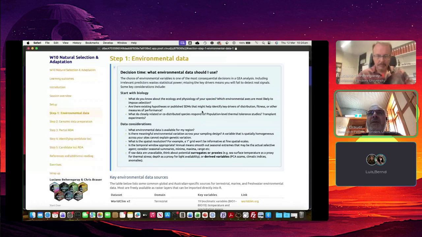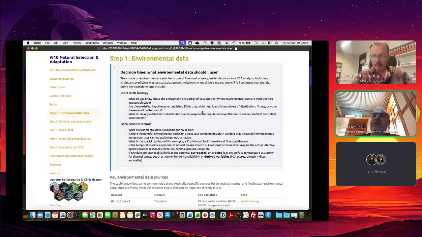If your particular study system is on a really small spatial scale and it's really well studied, and there might be particular environmental challenges that you're looking at, maybe it's pollution, maybe there's something really specific, you're going to find data from a different place than if you're looking at a broad continental scale, where you're probably going to be restricted to climatic data, maybe a few other derived things based on climate.